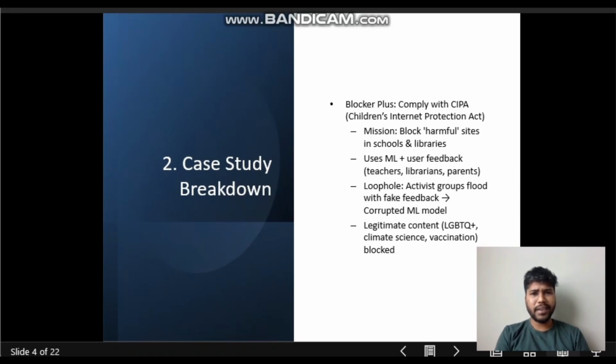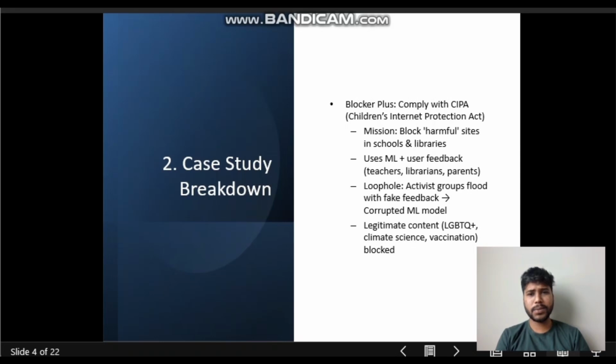Here we'll break down the whole structure of Blocker Plus and what it actually does. Blocker Plus is a content filtering system designed to comply with the U.S. Children's Internet Protection Act, a law requiring schools and libraries to block access to material deemed harmful to minors.